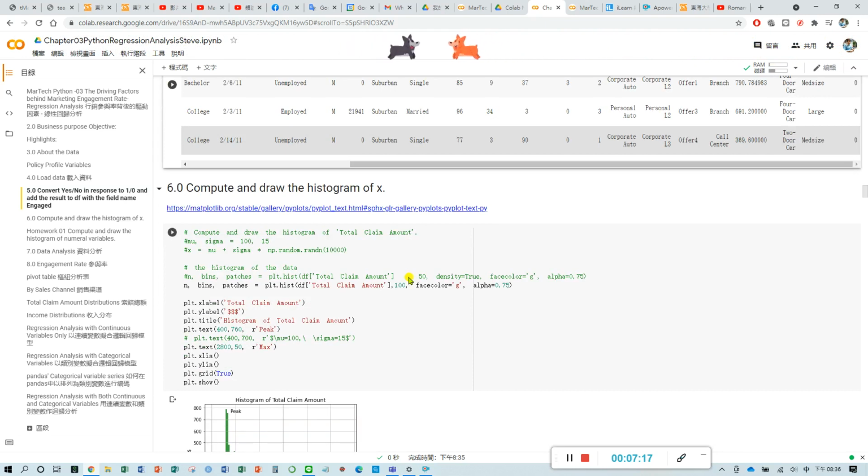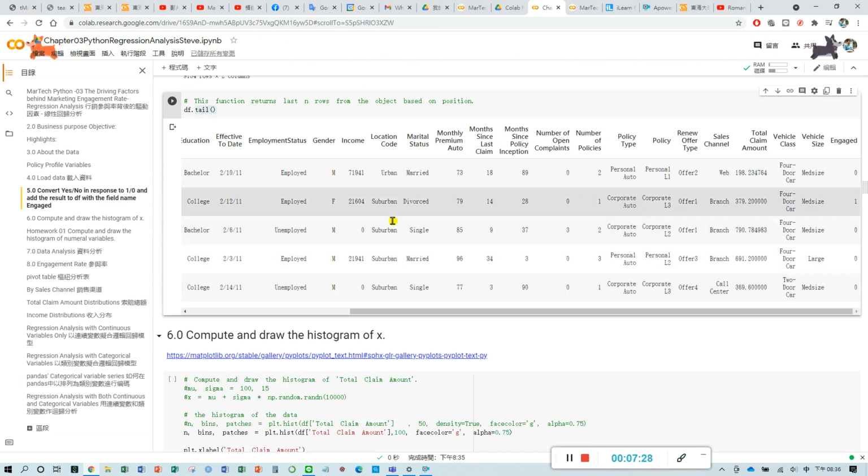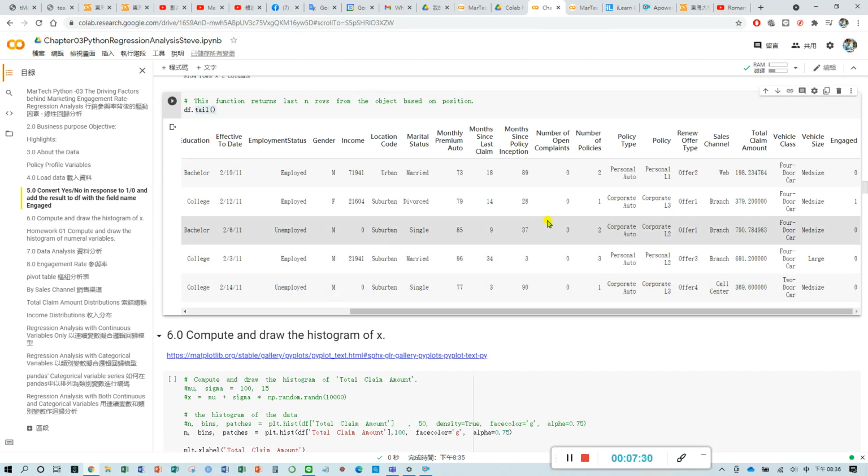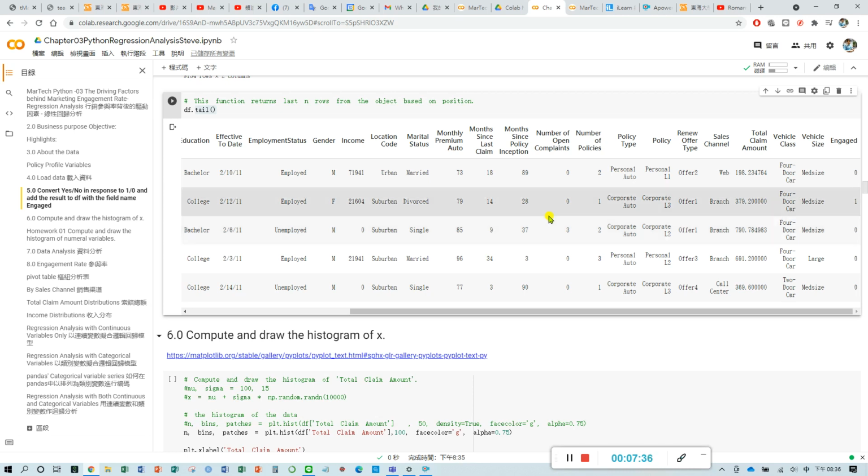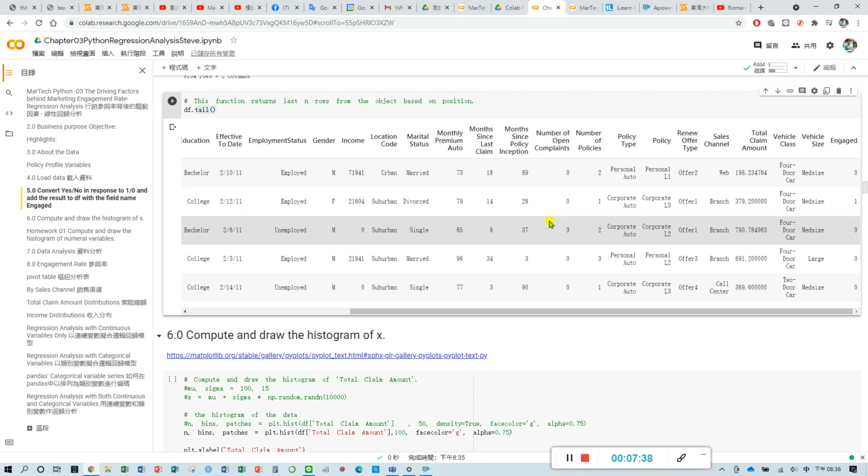Okay, so last week we showed how to draw diagrams for visualization. With these numerical numbers, it's hard to see and hard to figure out the picture of your variables. So we have to do some visualization, 视觉化.